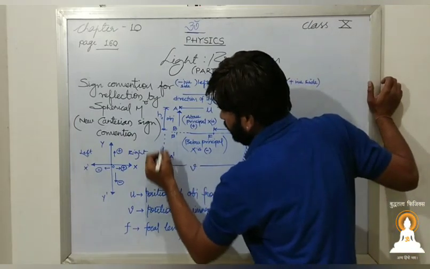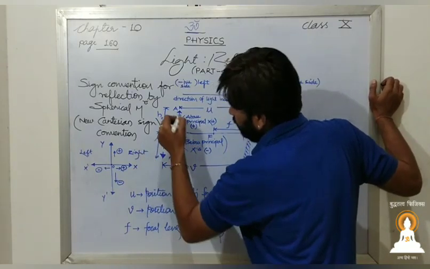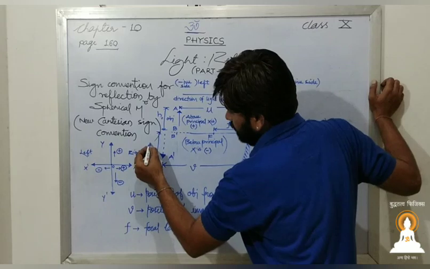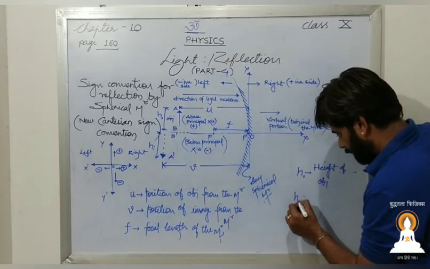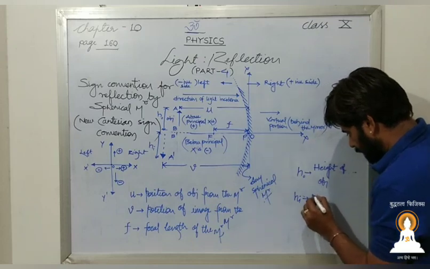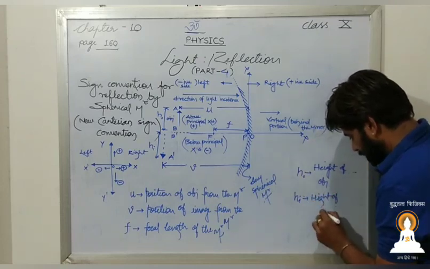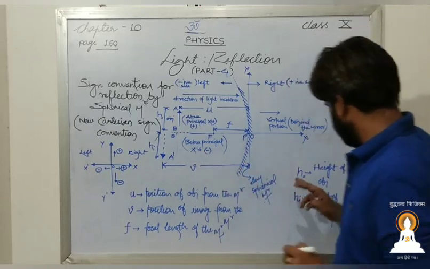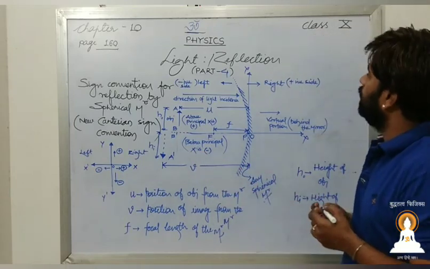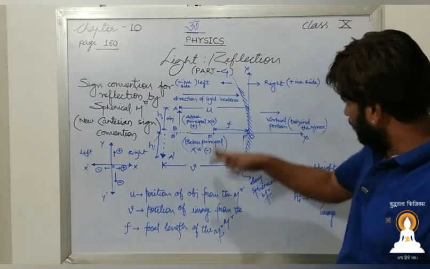Similarly, for A dash B dash, the image of that object, the height from the principal axis will be hi, the height of the image. According to the sign convention, we will have the particular sign here. So this was all about the sign convention and how we should take them.